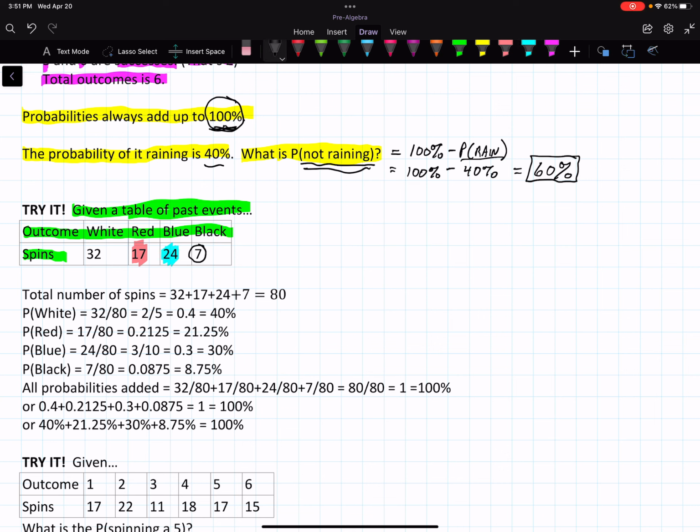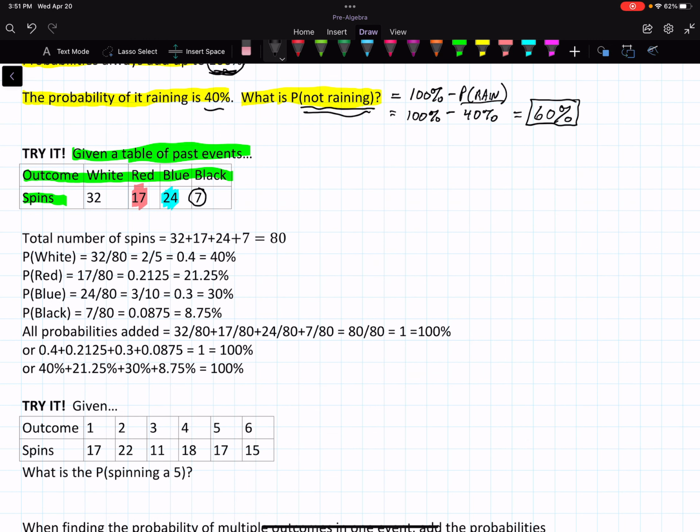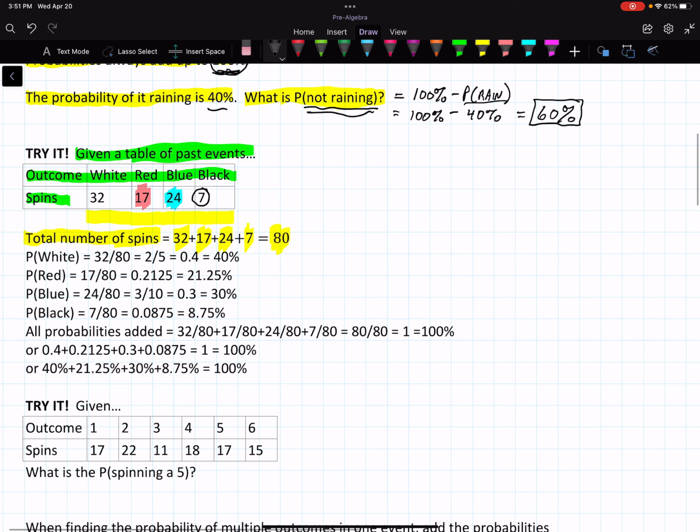Okay, so if I was to calculate this, the total number of spins is my total possible outcomes. So if I add the 32, the 17, the 24, and the 7, which I got from right here, I add those up, it equals 80. So I'm going to mark that down.